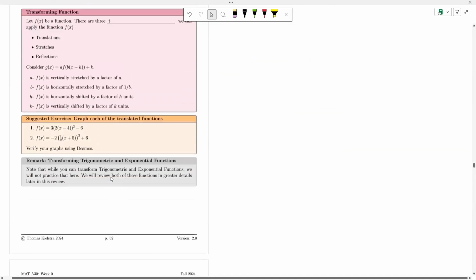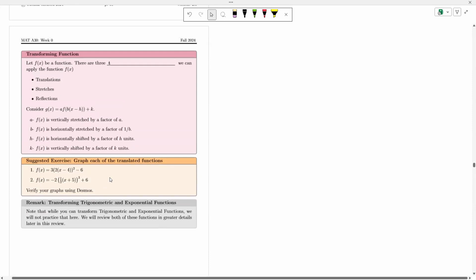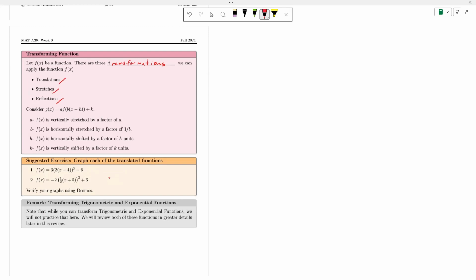Now we're going to talk about how we can change functions or adjust functions. This is called transforming functions. Later we're going to talk about how we can put functions together. This is just dealing with a function itself. And when we have a function, there are 3 transformations we can apply to the functions. We have translations, stretches, and reflections. Now, if we consider g(x), we can apply 4 constants to this function.